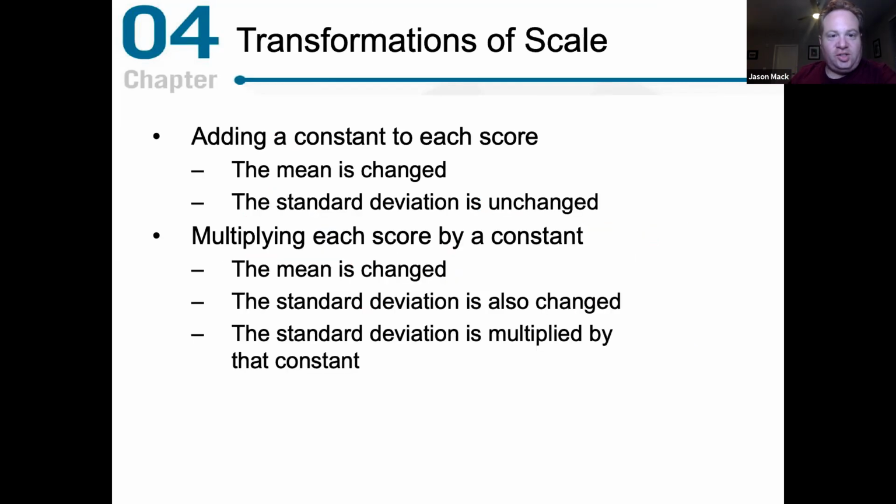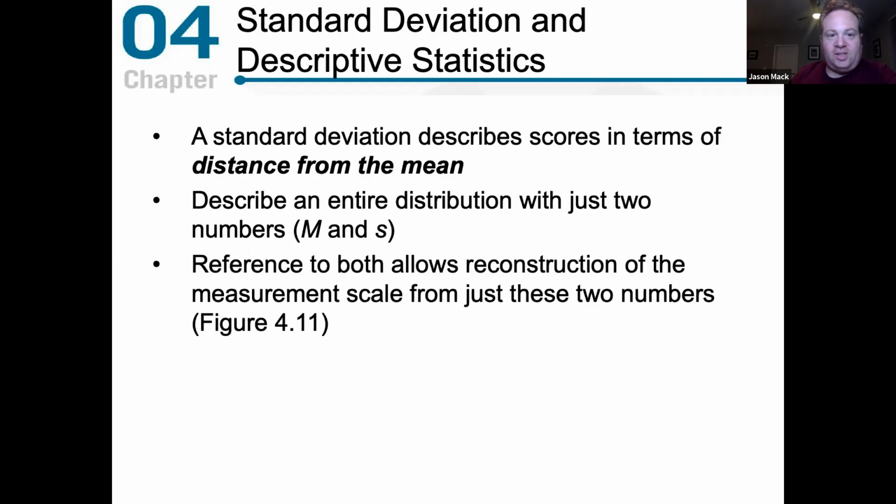So, some transformations of scale. Adding a constant to each score changes the mean, but the standard deviation is unchanged. Multiplying each score by a constant changes the mean, and the standard deviation is also changed: it is multiplied by that constant. A standard deviation describes scores in terms of distance from the mean.